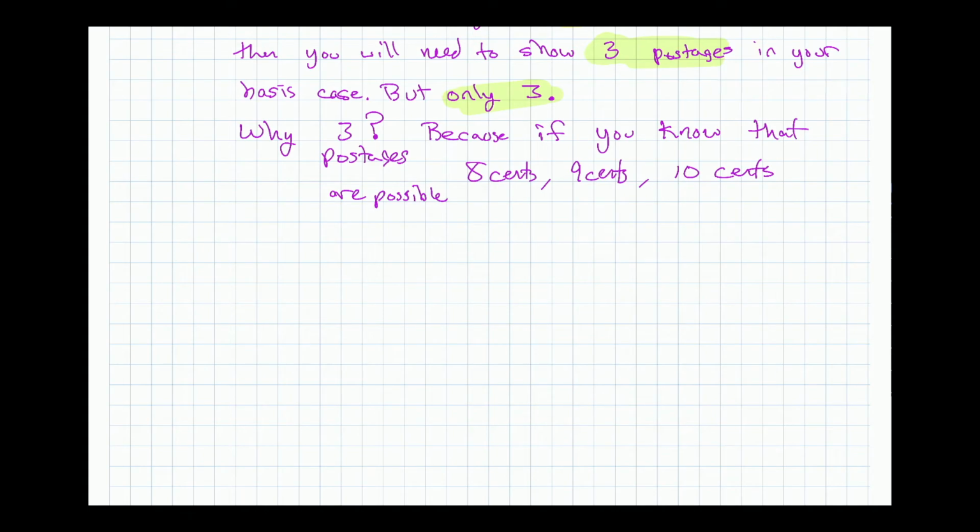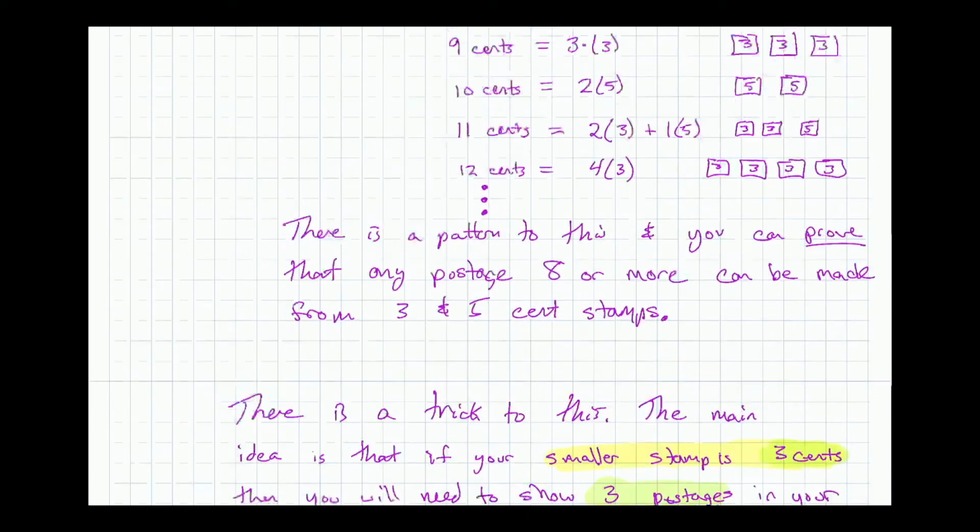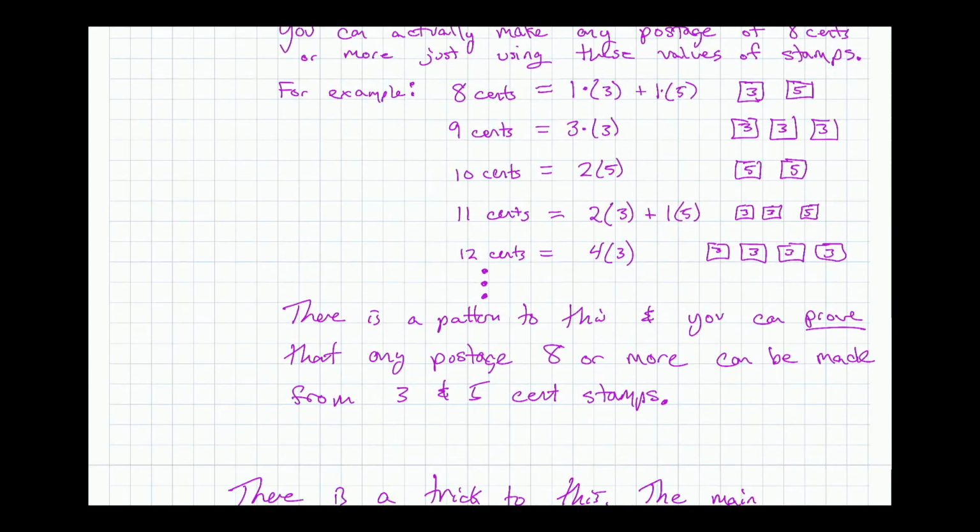So let's say we just do those 3, 8, 9, 10, right? Which we actually did up here, by the way. 8, 9, and 10. You know, a 3 and a 5, 3 threes, and a 2 and a 5. So you did those. But you don't actually have to think about how to make 11, right?